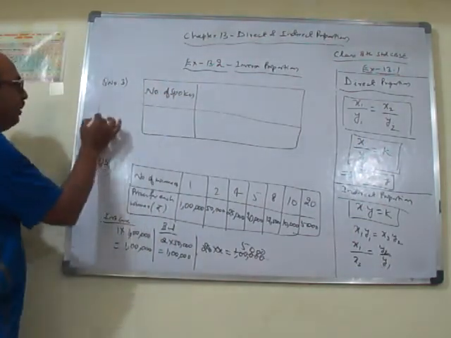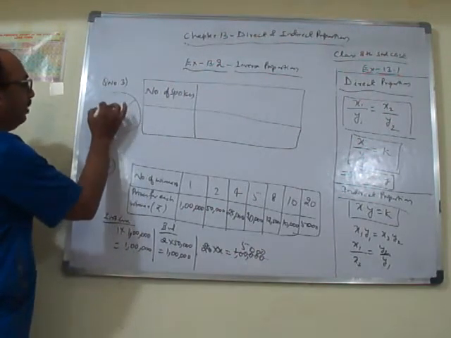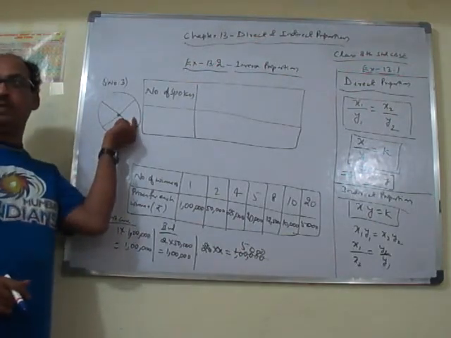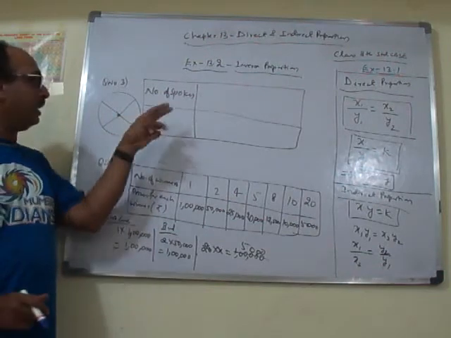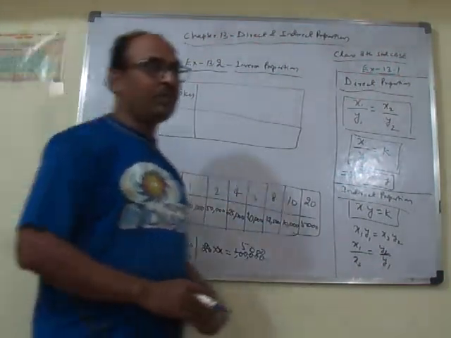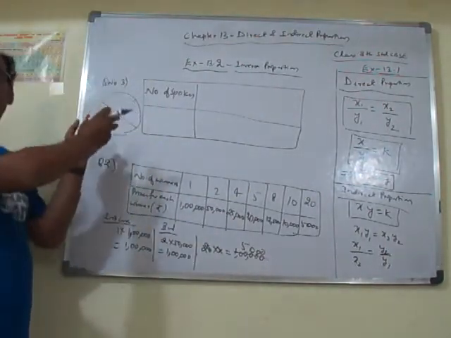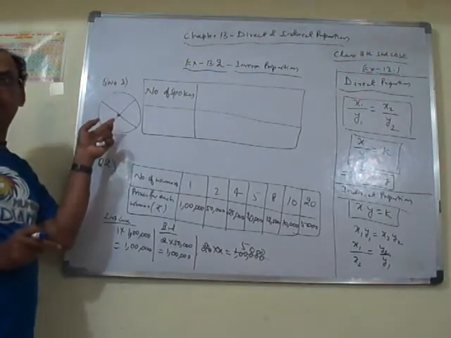If you have a bicycle wheel, from the center there will be supporting members. These members are called spokes, so that is the number of spokes. And this particular outer side is called the rim. This rim is supported on these small thin members.